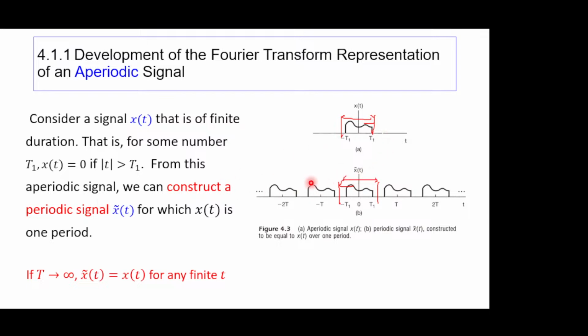And we do this by taking some limits. We take any function and we repeat it, so it becomes a periodic function. Then we push the repeating period T to infinity.